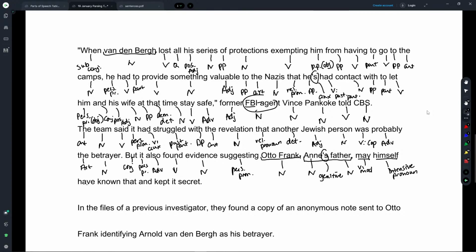May himself have, auxiliary verb, known, verb, that, demonstrative pronoun, and conjunction, kept, verb, it. This is a personal pronoun in object position.